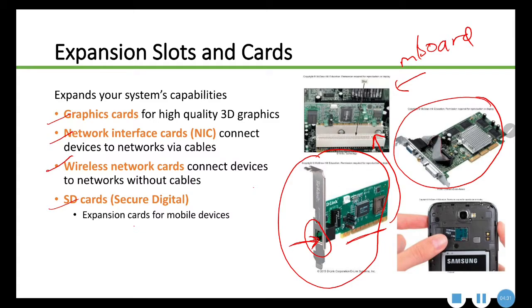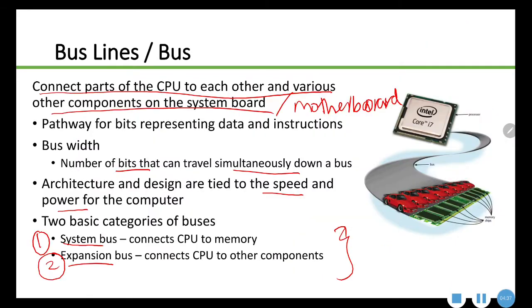The card is embedded on the motherboard, so then you can access the internet. That is a wired connection. If it's wireless, you don't have to connect anything, but it will get the signal.